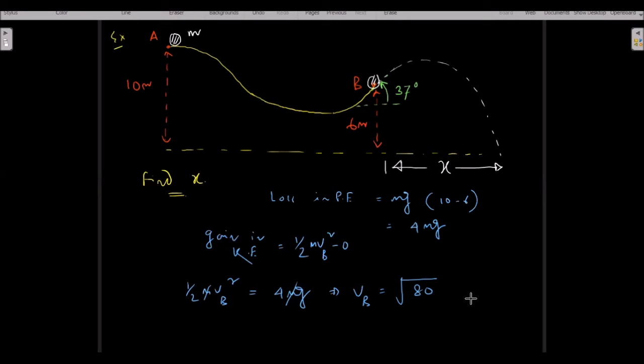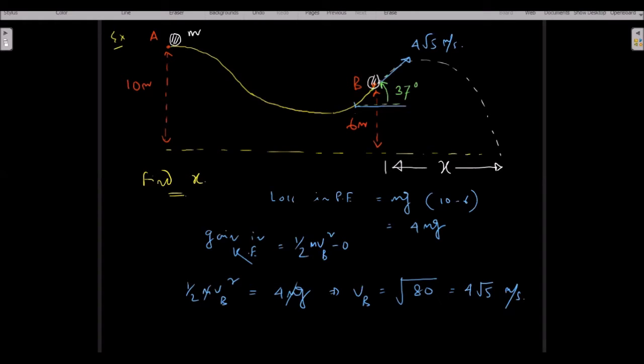So this becomes 4 root 5 meter per second. So after that, it becomes simple. So this velocity in this direction, you are getting how much? 4 root 5 meter per second.